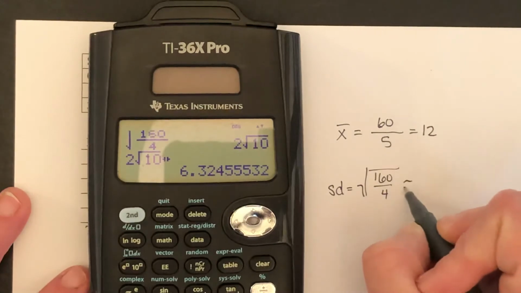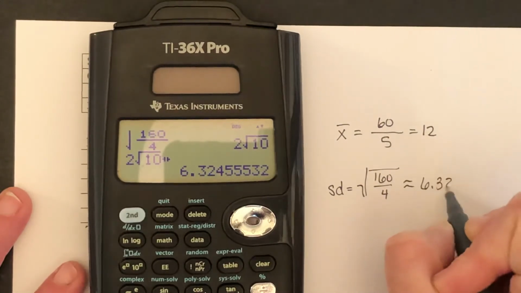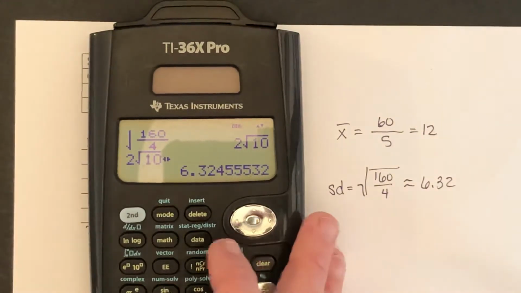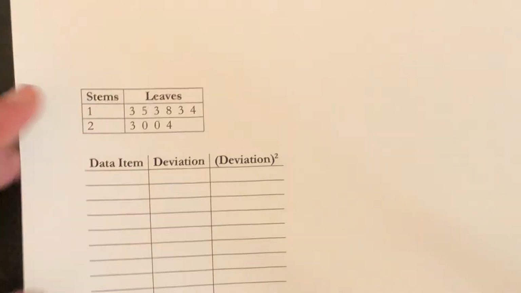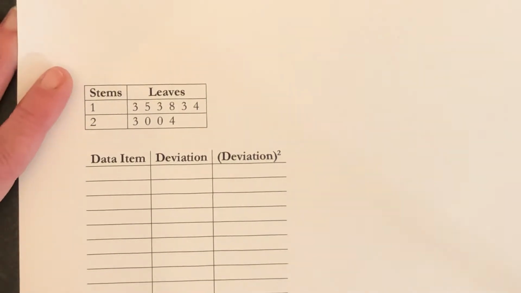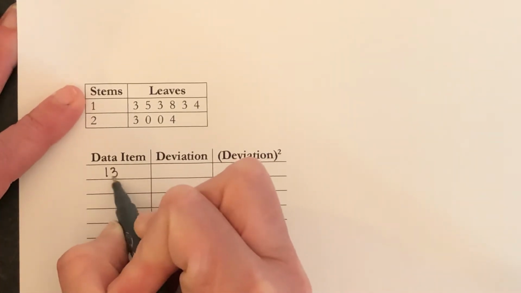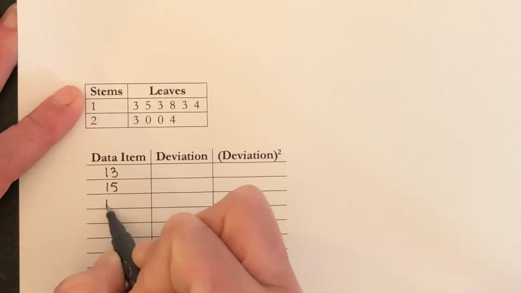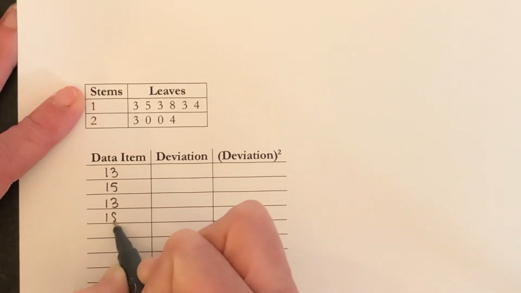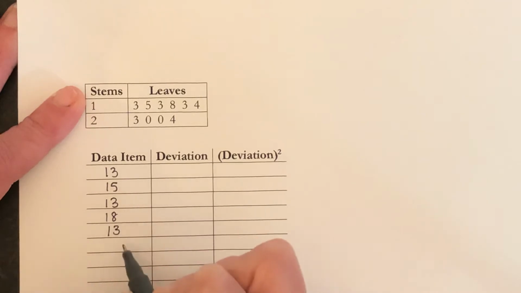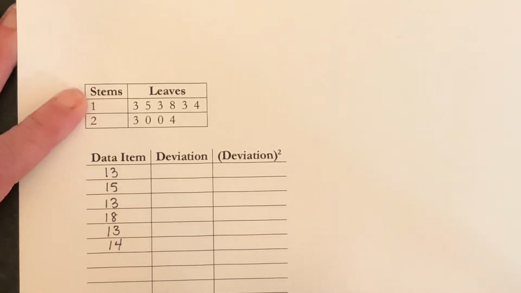All right, one more. Okay, I'm going to write down all of my data items here. 13, 15, 13, 18, 13, and 14.